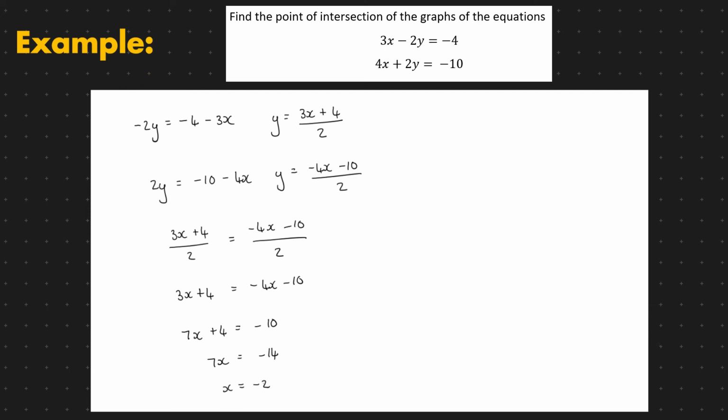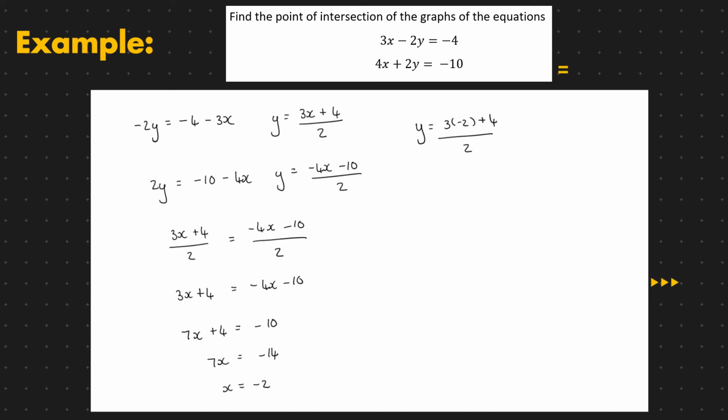So let's substitute negative 2 in one of our equations to find our y value. If we substitute negative 2 in this first equation, we will have y is equal to 3 times negative 2 plus 4 divided by 2. So this will give us negative 6 plus 4.